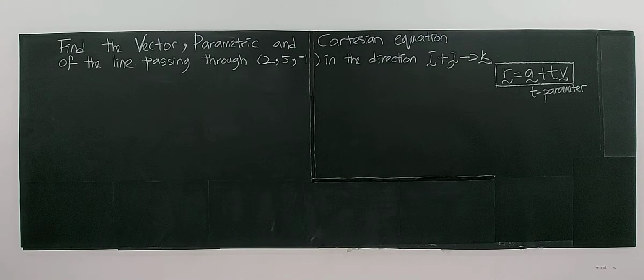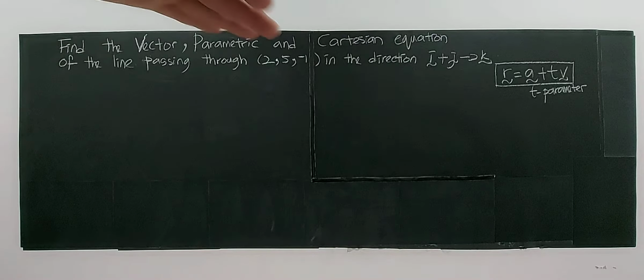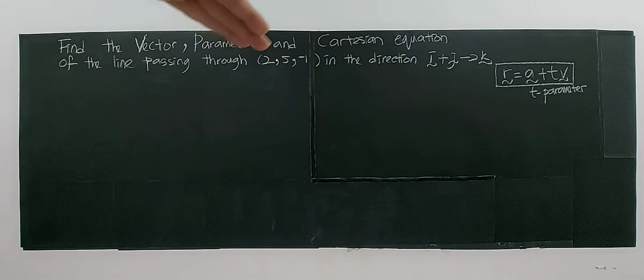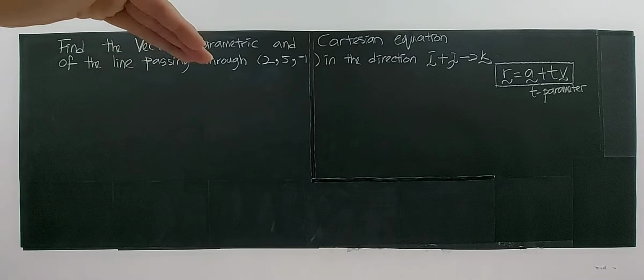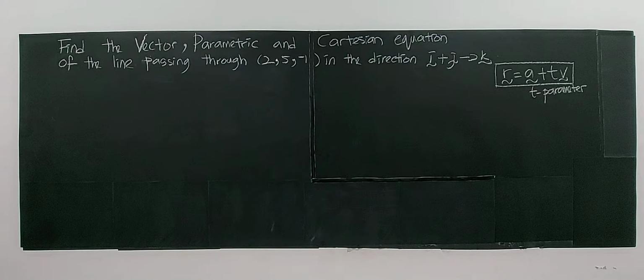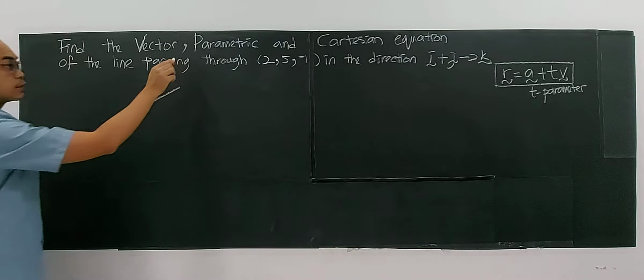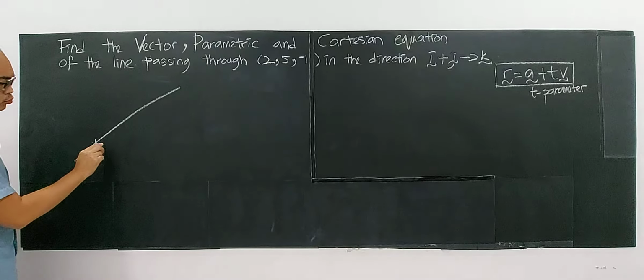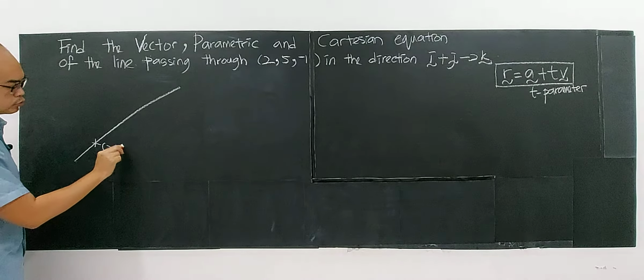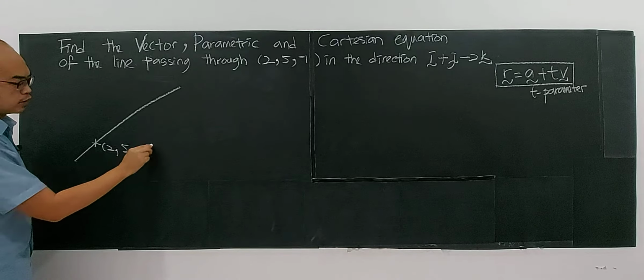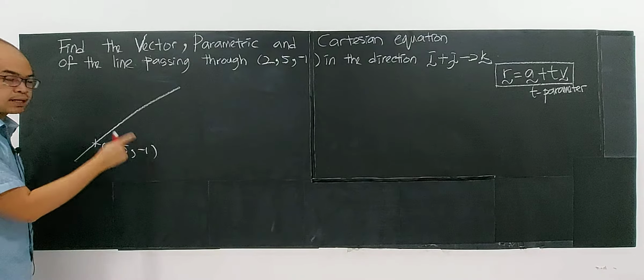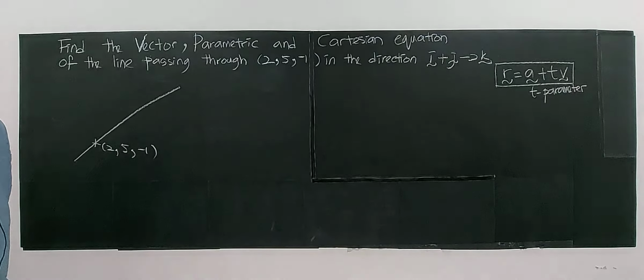Now look at this: find the vector, parametric and Cartesian equations of the line passing through a point, the triplet 2, 5, negative 1, shown as x, y, z in three-dimensional space.